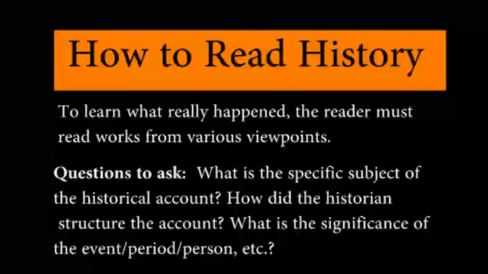If readers determine which aspect of the story the author is telling and how he is telling it, they can better understand what he deems most fundamental about the event. The final question that must always be asked of a historical account is, what of it?